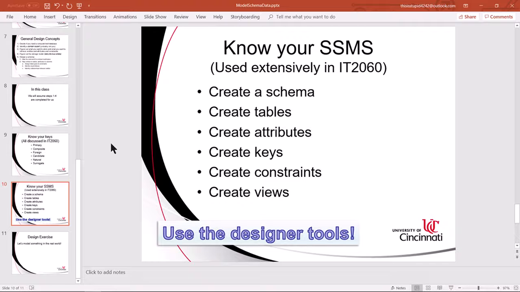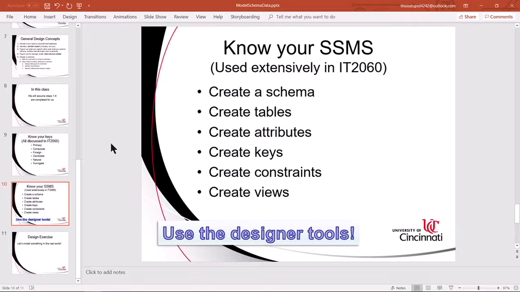You cannot become sufficiently adept at data definition language, DDL, SQL, to create a table in this class. If you can, great, but it was not a requirement in 2060, so I strongly encourage you, and I'm happy for you to use the designer tools.